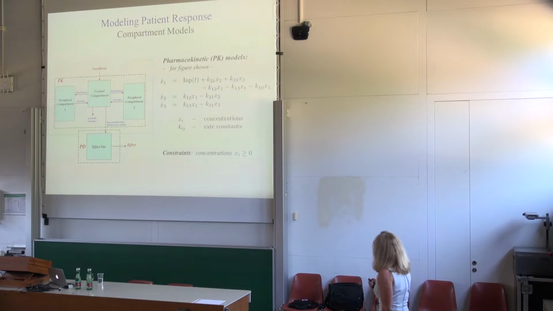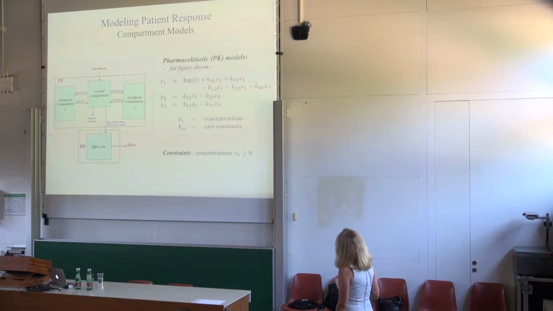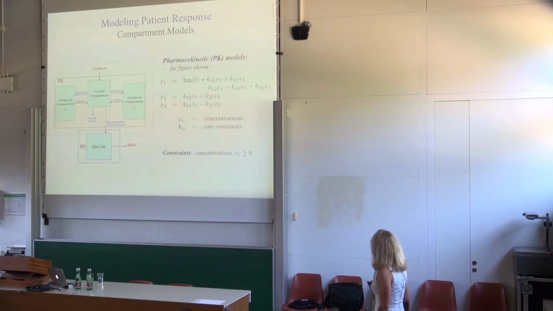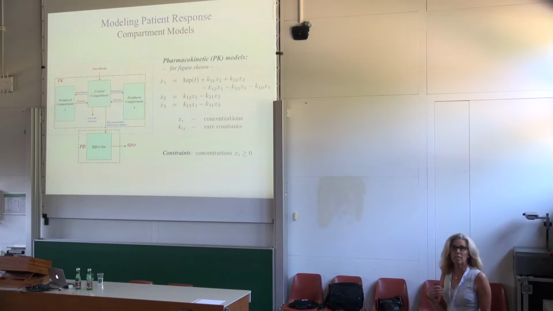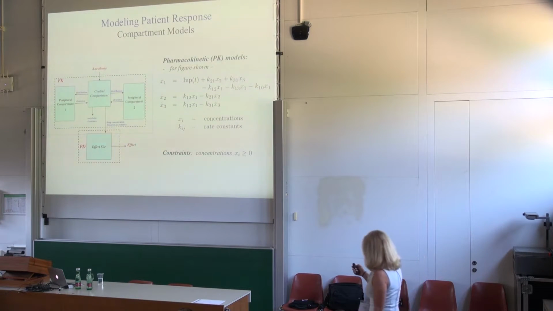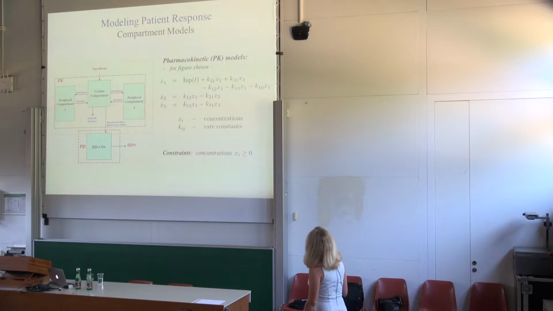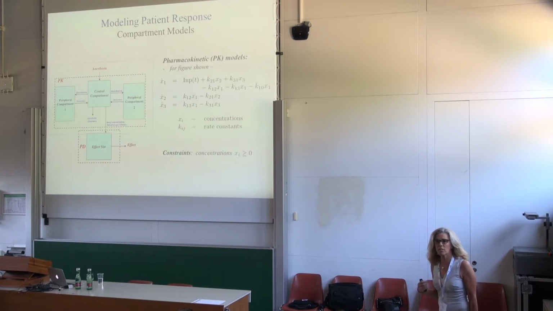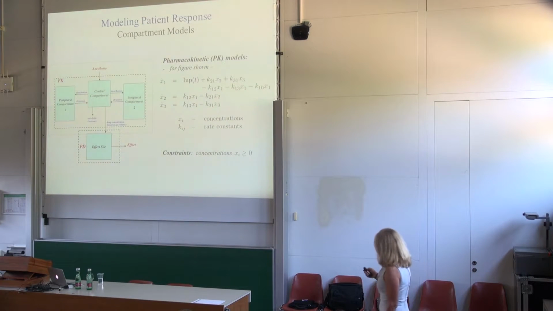What's shown here is a classic representation where we have our input drug, and we can view this as a state space model, where the states are the concentrations of drug in the associated compartments, and these parameters, these Kij, are essentially the clearance and distribution rate constants.